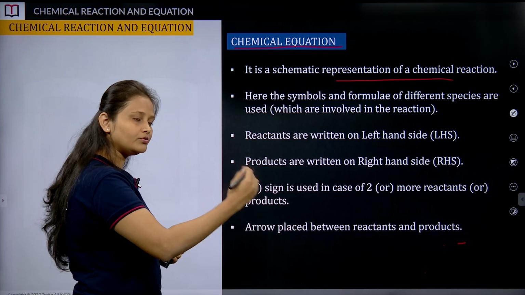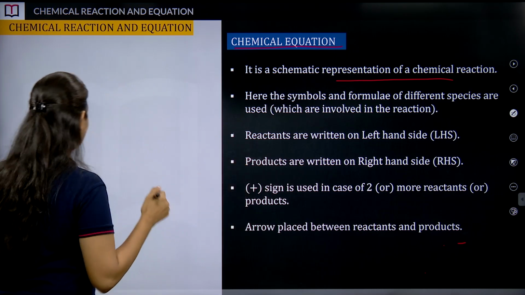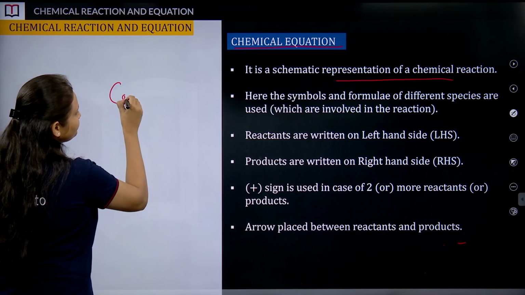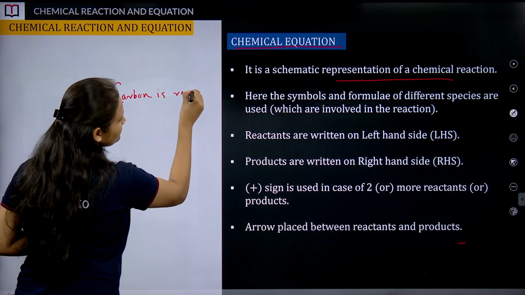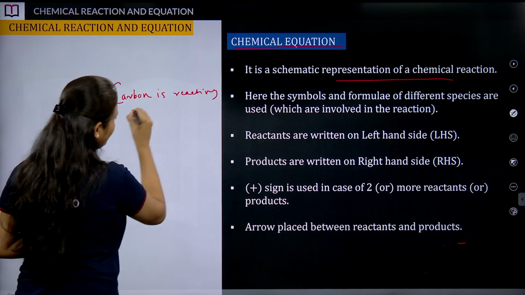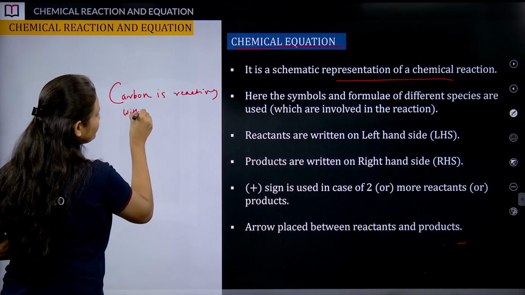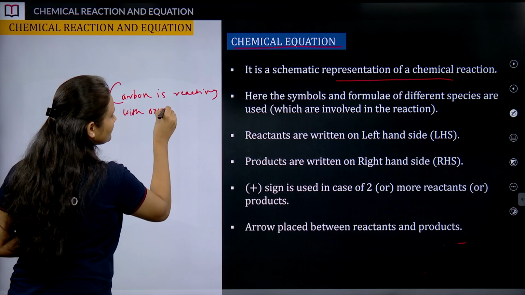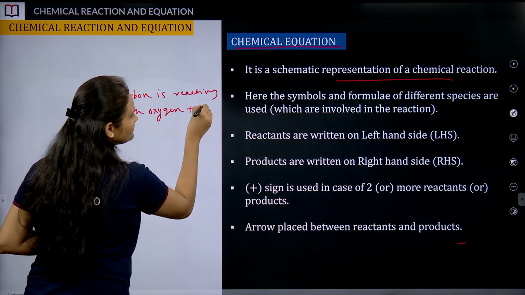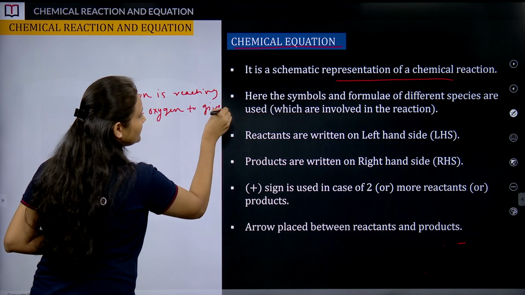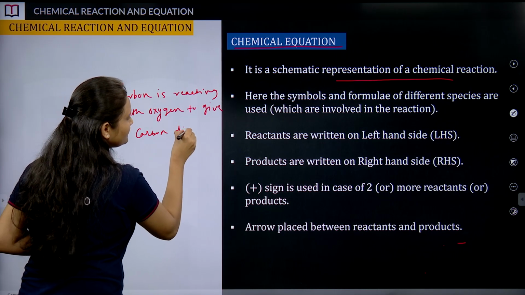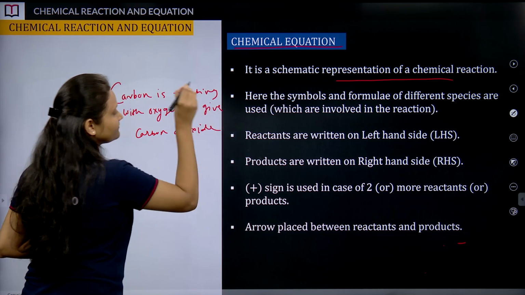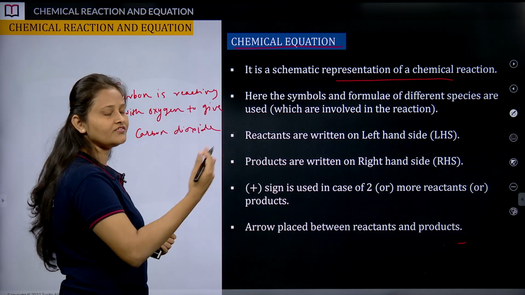We are not going to write every time, let's suppose, carbon is reacting with oxygen to give carbon dioxide. This is a sentence, this is a chemical reaction.